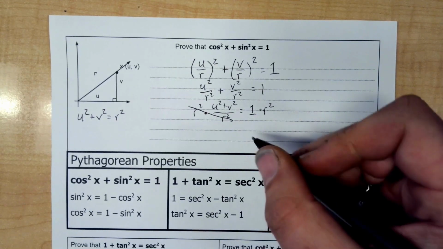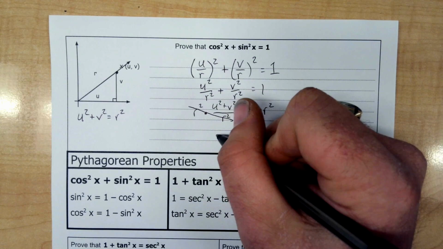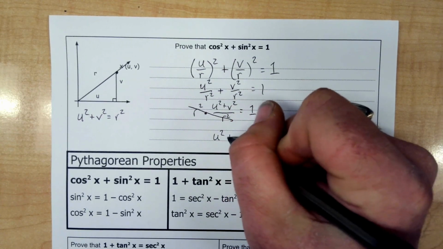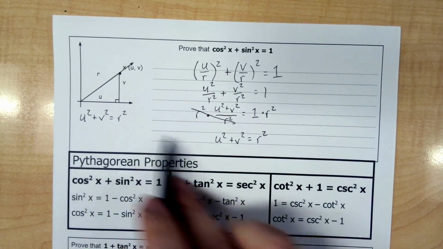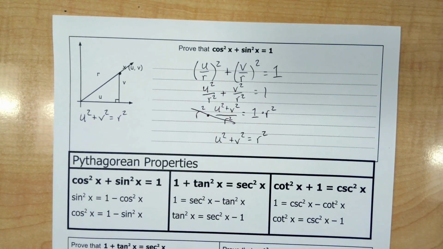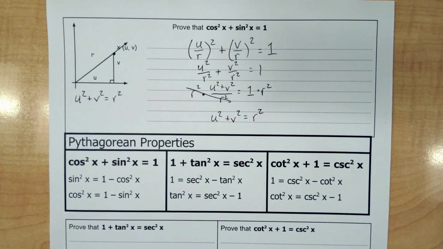And hey, look, we just recreated the whole Pythagorean theorem based on cosine squared plus sine squared. So now u squared plus v squared equals r squared, which is the Pythagorean theorem, which we have already proven in geometry. So our Pythagorean properties, we actually have 3 rules that can be presented in 9 different ways.